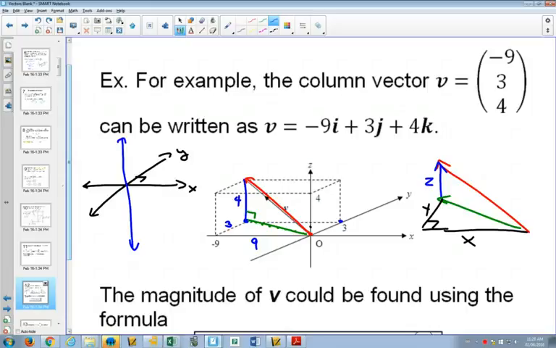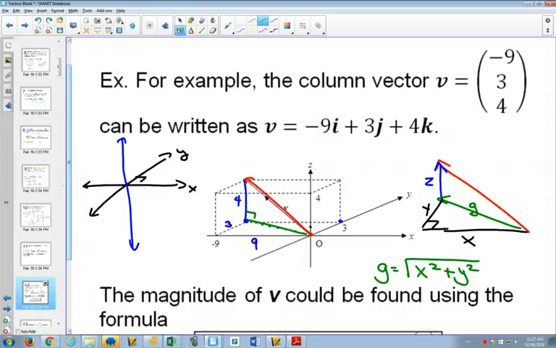I want to find out how long that red line is. Do you agree that your green line, which I'm going to call G because it's green, is going to equal x squared plus y squared equals g squared. So if you square root both sides, you'll get g equals the square root of x squared plus y squared.